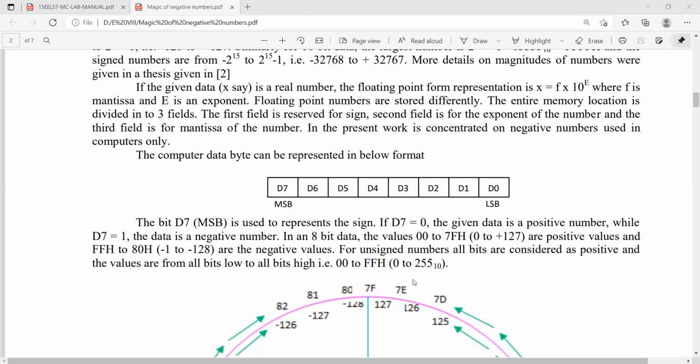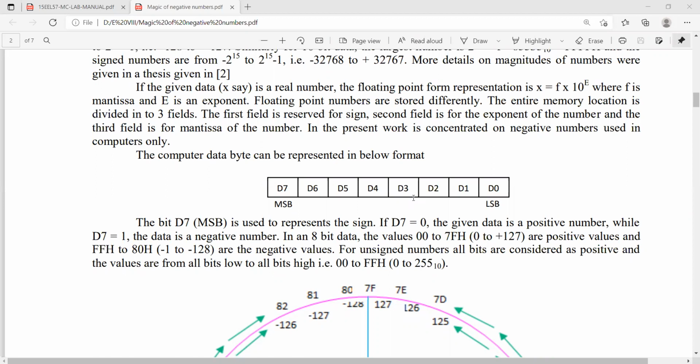If you represent it like that, then there is a problem. For example, here 0 is there, all bits are 0, and that is called 0. If this bit is 1 and all other bits are 0, then how can we call that number? Can we call it positive 0 and negative 0?